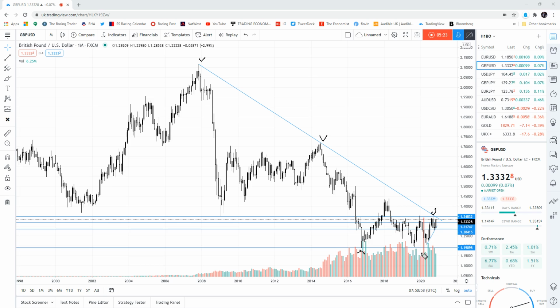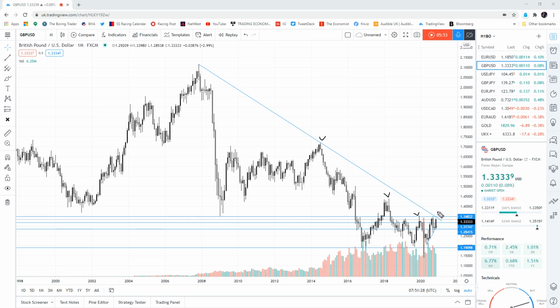Also, this has put in a kind of triple bottom now, and this long-term downtrend looks like it could be in the process of changing soon. If we can get above that trend line, we will also be making a new high after all of these lower highs.